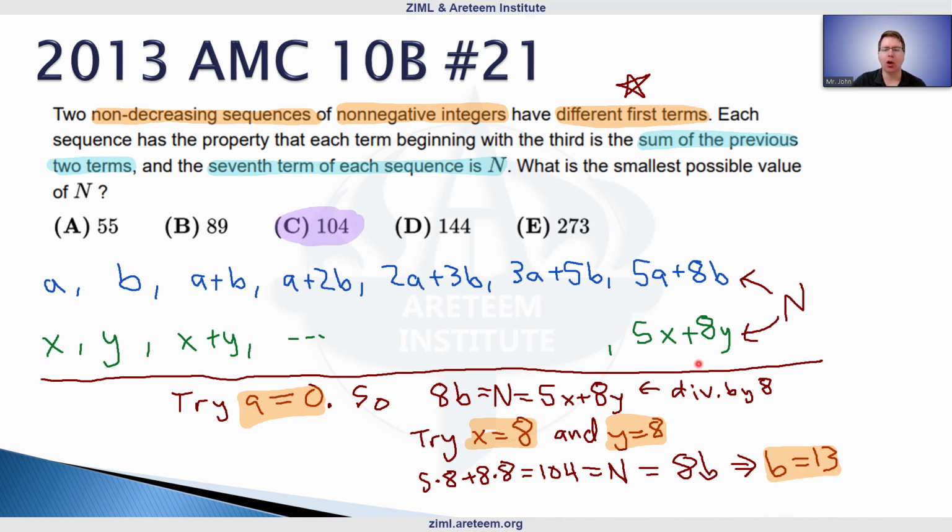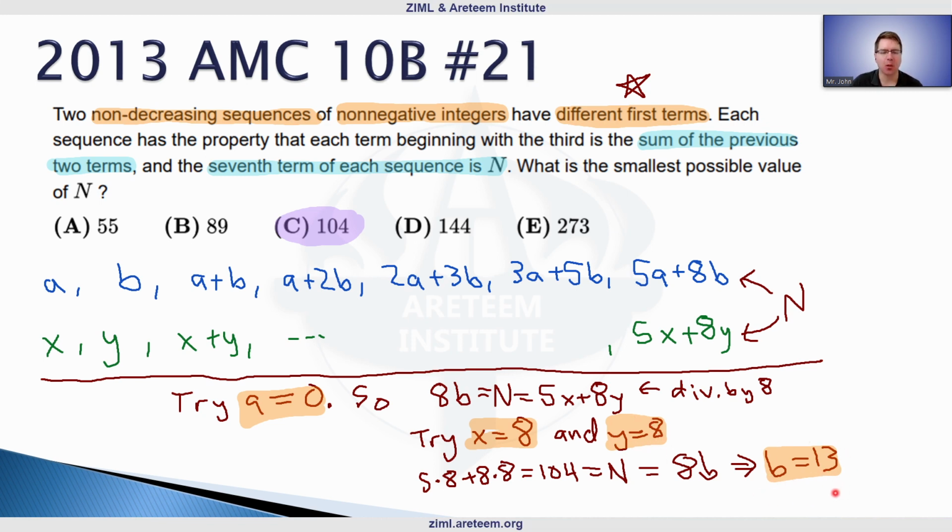The thing I want to notice here is that when we look at our n, n is 5a plus 8b, 5x plus 8y. a and x are multiplied by 5. What I want to leave you with here is that it's not a coincidence that a and x differ by 8. Our other term, 8b, 8y, those are our things multiplied by 8. It's not a coincidence that those terms differ by 5.